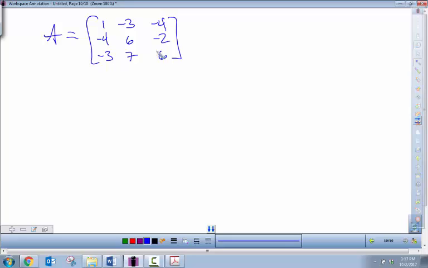So the column space would be the span of these three vectors, right? Now, we don't know if these vectors are linearly independent or not, so we can row reduce it and see what happens.